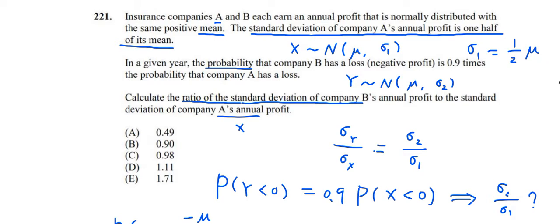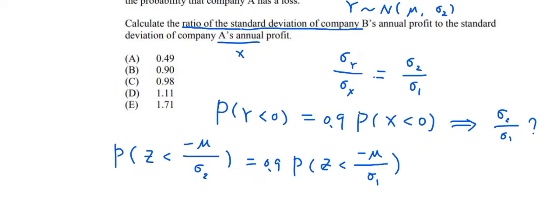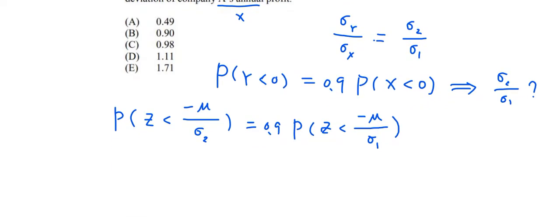Based on this, the probability that Z is less than negative mu over sigma 1 is Z less than negative 2. So we can find this probability, and this is easy.